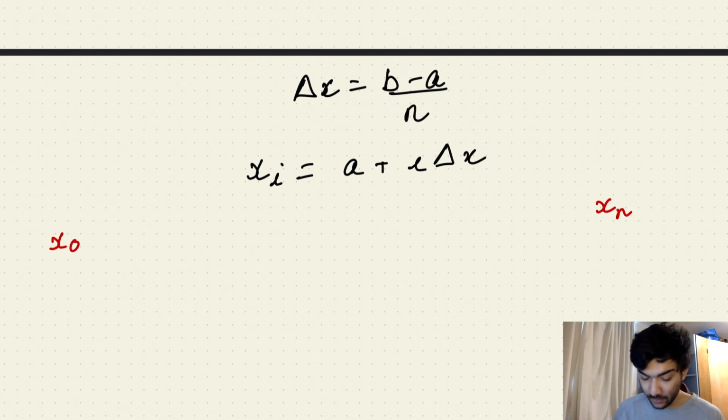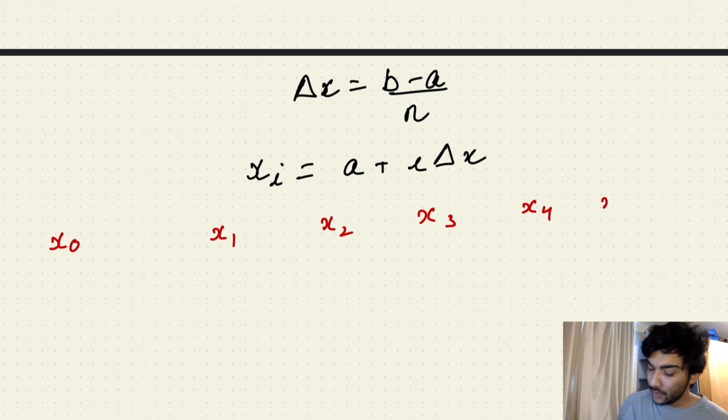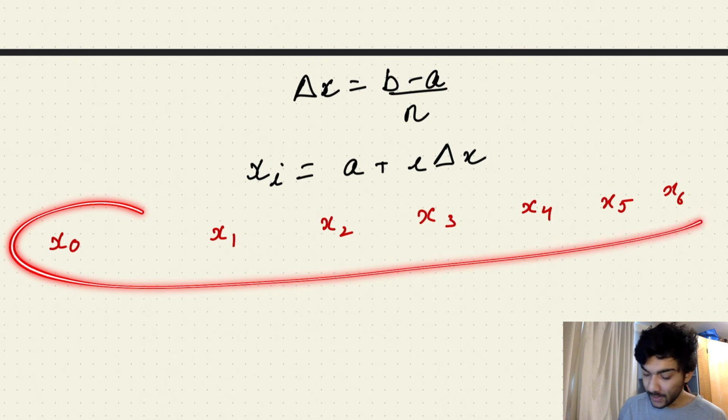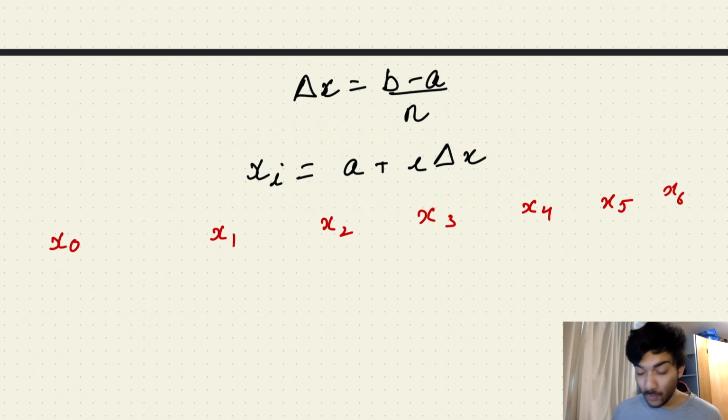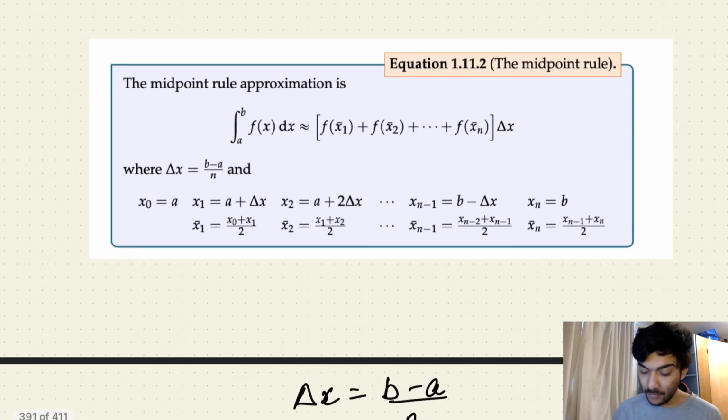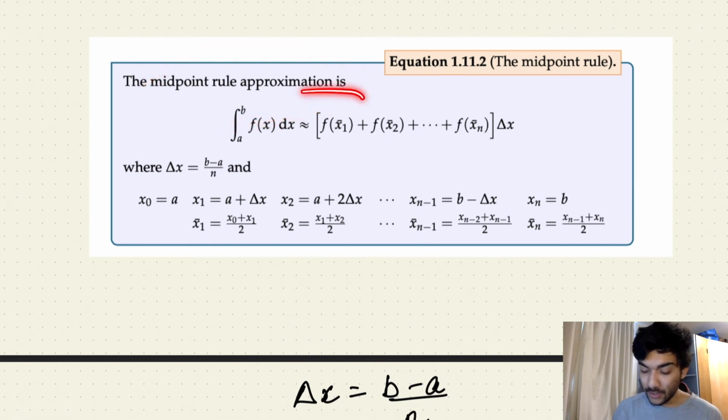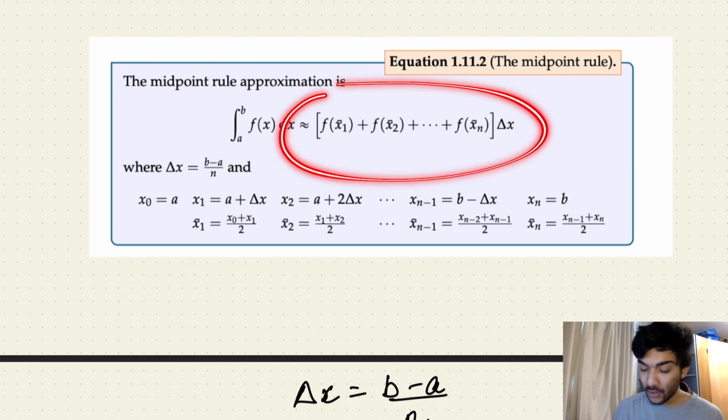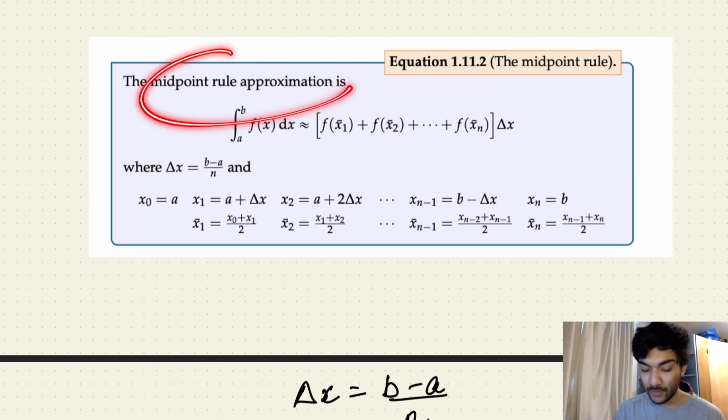In this case, since n is 6, this would be calculating x0, x1, x2, x3, x4, x5 and x6, right? Once we have calculated all these xi's using the right hand Riemann sum formula, we will take the midpoints of these xi's, and by taking the midpoints we will get the xi's for our midpoint rule approximation. And then we'll use the same formula which we used in the Riemann sum approximations to calculate the midpoint rule approximation.